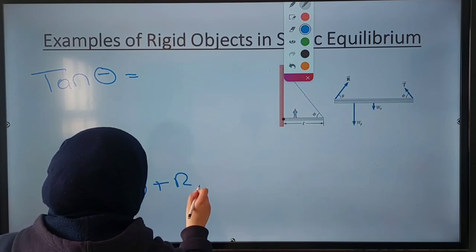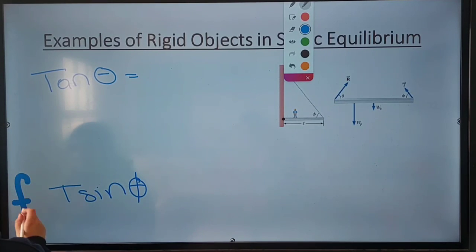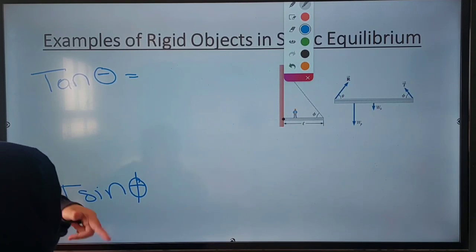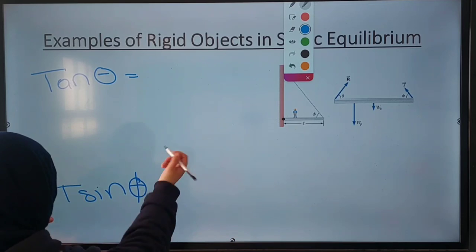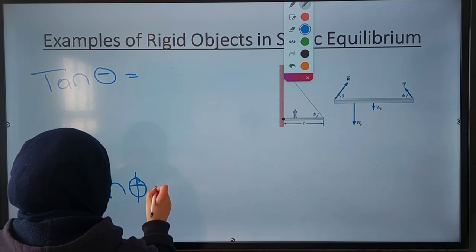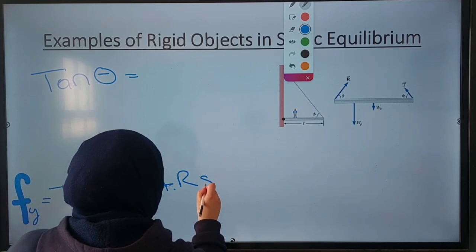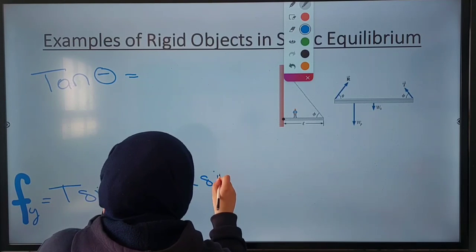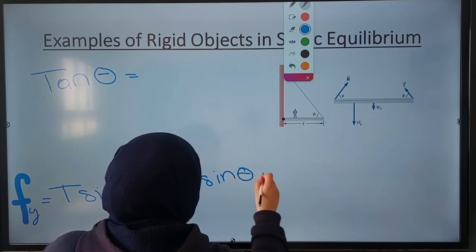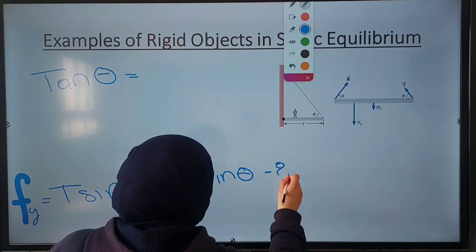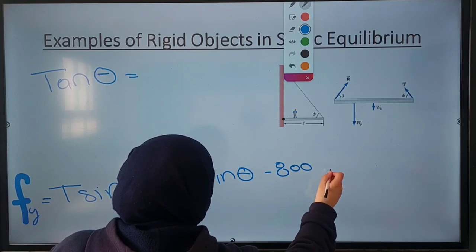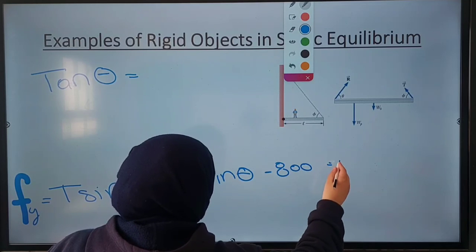like we said, in the y-axis the first was going to equal T sine alpha plus R sine theta minus 800 equals 0.